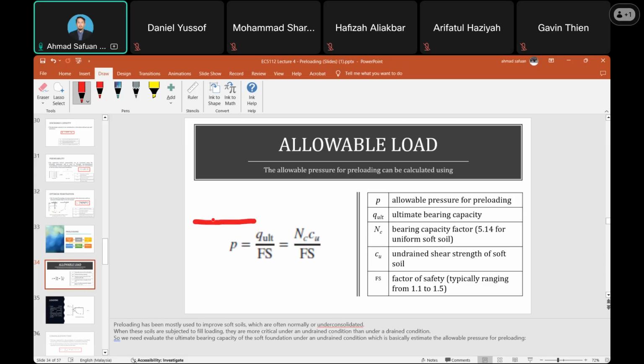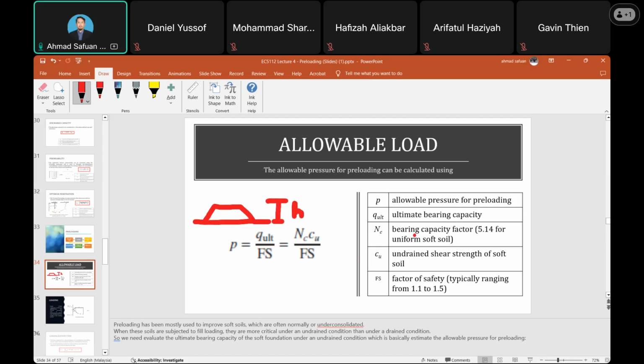For example, we want to construct an embankment, so we need to know how high the embankment can be constructed. So how to know the capacity? We need to find first the bearing capacity, then divide by the factor of safety. A rough calculation can be used to estimate the ultimate bearing capacity.